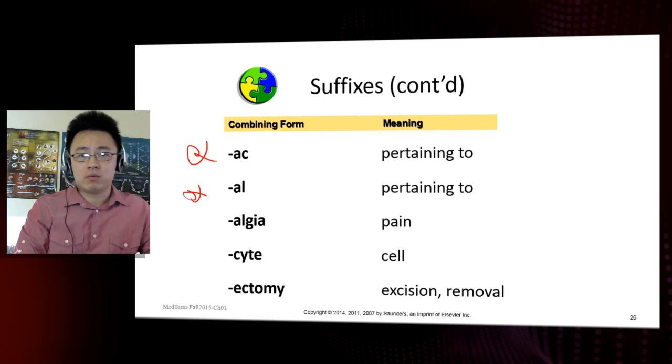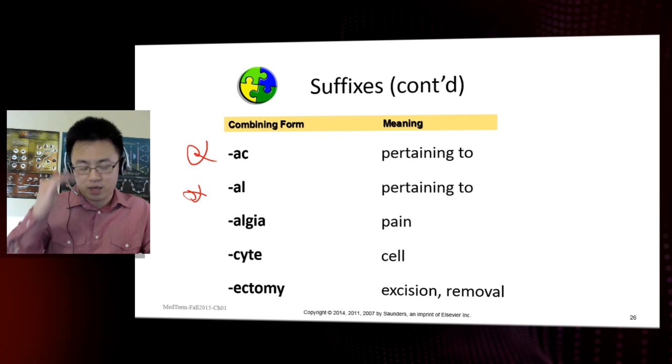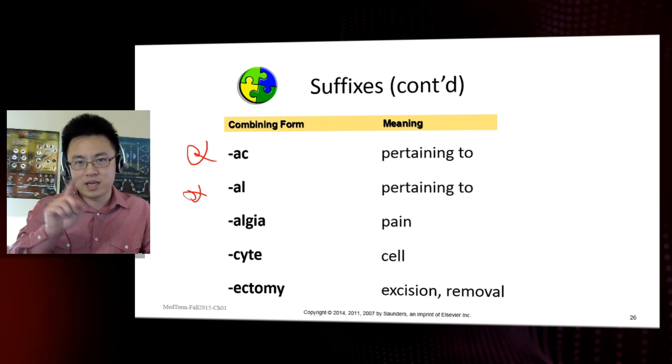I don't know. Seriously, I don't know. Because people are complicated like that. They want to have 500 million different suffixes to attach to their words so it sounds pretty and nice. But unfortunately, because it's the way it is, you've got to learn it that way. So I recommend that you put a list on your wall or on paper, and write down all the different suffixes that mean pertaining to. You're going to find out there are a lot of them out there.